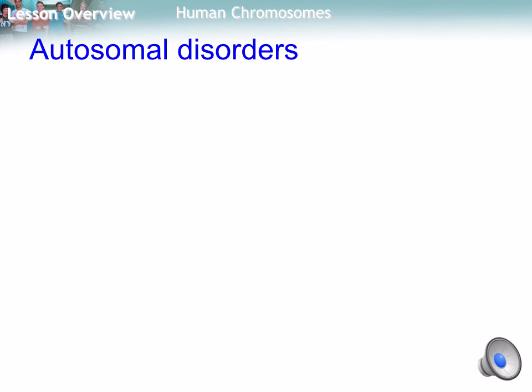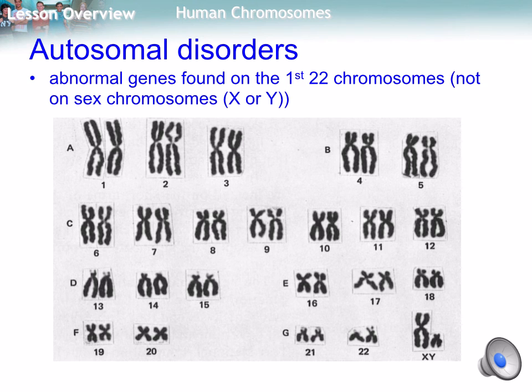Autosomal means that these are traits that are found anywhere from the first to the 22nd pairs of chromosomes. If it is sex-linked, then that is a trait that's found on the sex chromosomes, the last pair, the X and the Y, or the X and the X. So autosomal means it's only in the first 22 chromosomes, and sex-linked means it's a trait that's on the sex chromosomes.